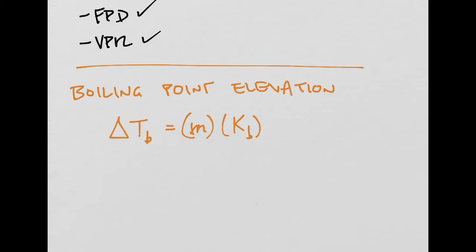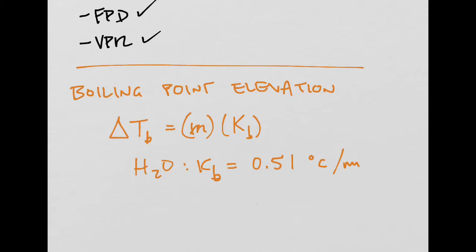And in most cases, we're going to be using water as our solvent. So you should know that water is going to have a K sub B of 0.51, and then the important part is what are the units associated with the K sub B, and the units are degrees C per molal.